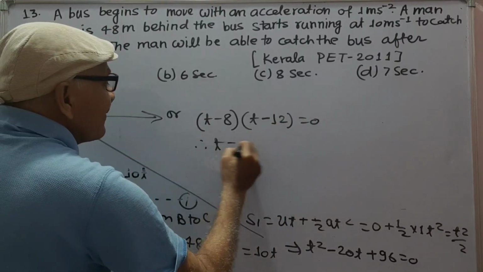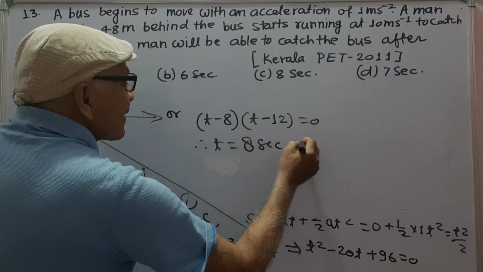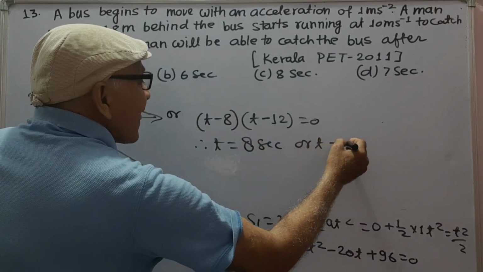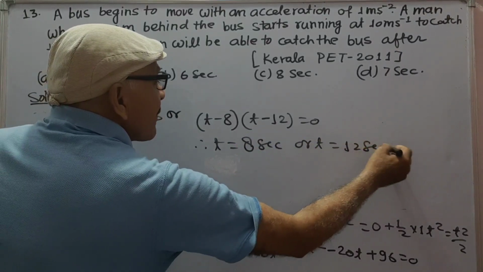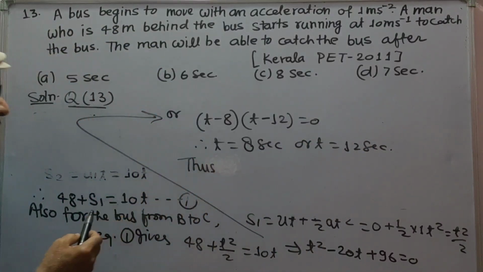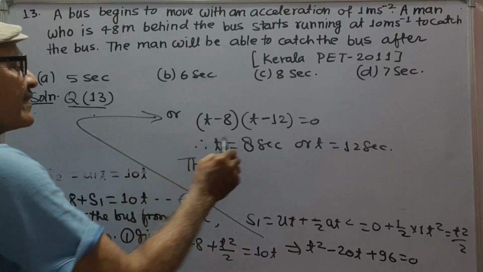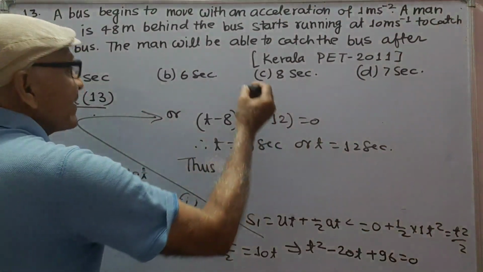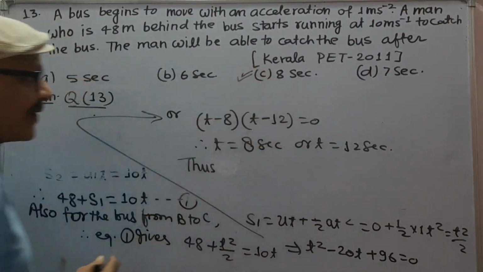Therefore, t will be 8 seconds, or t is equal to 12 seconds. Thus, the man will catch the bus after t is equal to 8 seconds. That is, the correct option will be C.